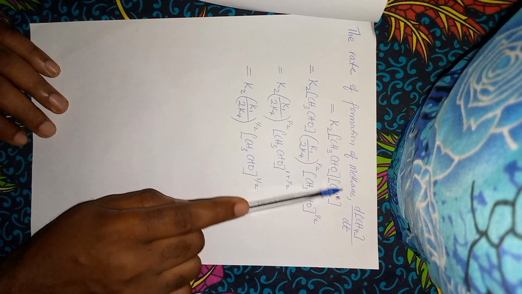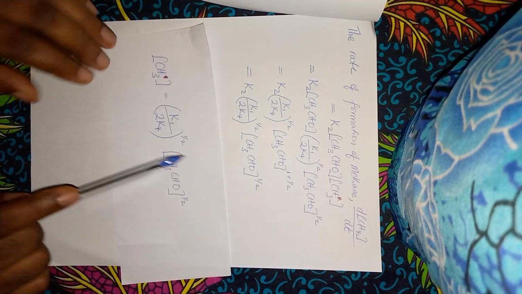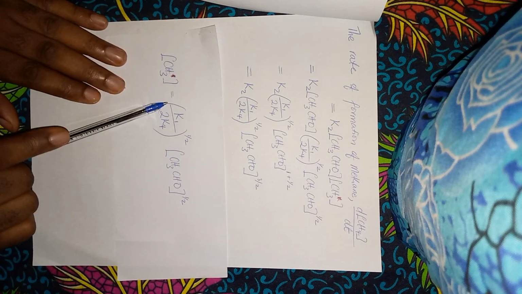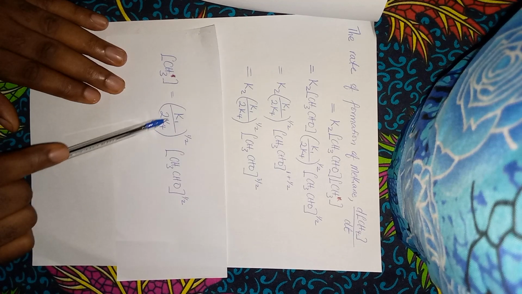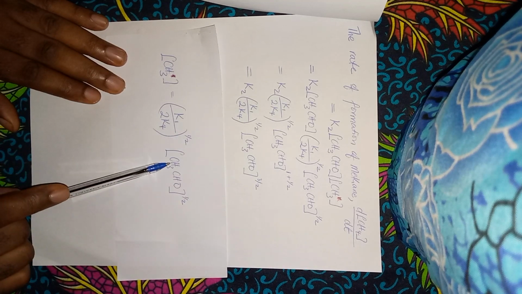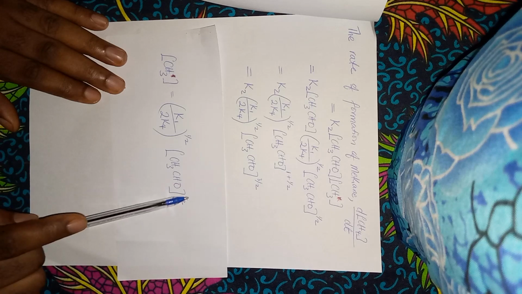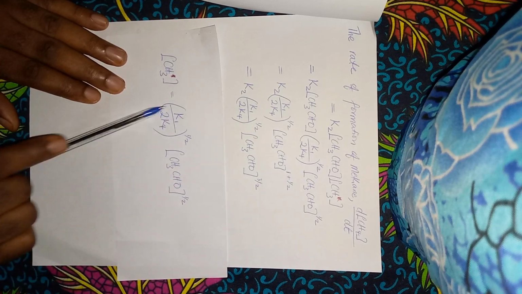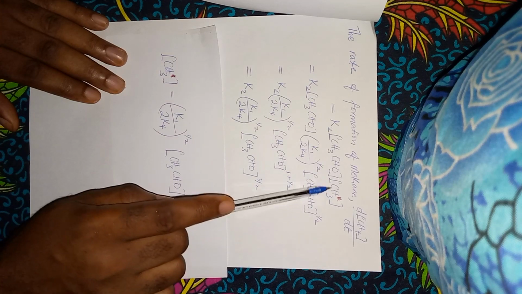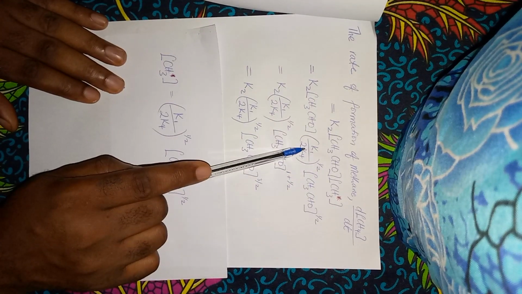So we have to eliminate this, and we've solved for this free radical, which is K1 over 2K4 raised to the power of half, then in bracket CH3CHO raised to the power of half. So we now substitute this in place of free radical CH3. On doing that, we now have this.